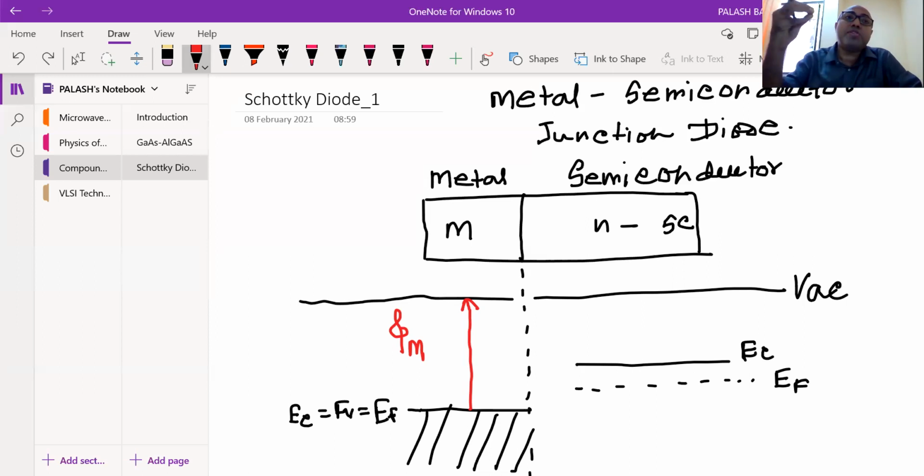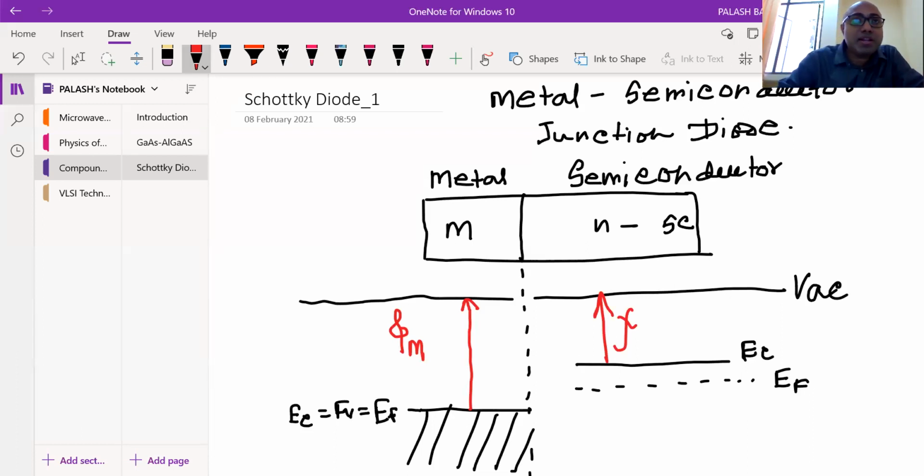So if you want to take the electron out of the semiconductor and set it free, it means you are taking the electron from the conduction band and then forcing it to be free, right? This amount of energy, what I am just preparing, is what I'm writing as chi.